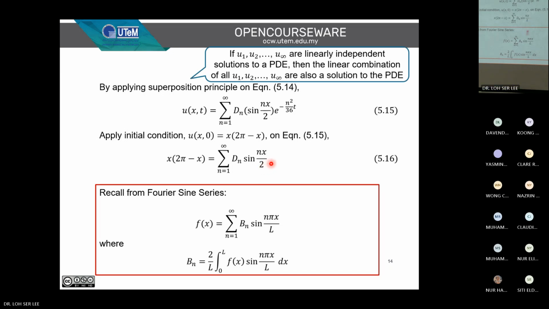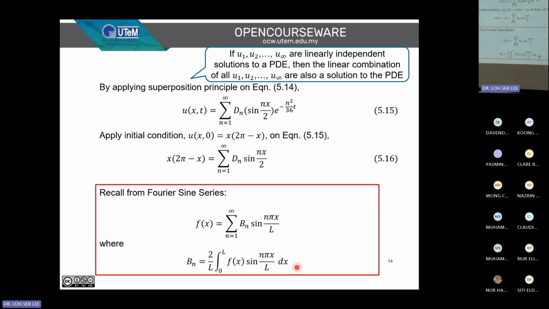N pi x over L, pi over 2, so 2 pi. Your L is 2 pi. We cancel out the pi, so we get over 2. And remember, your L is the length of the rod, which was given as 2 pi.